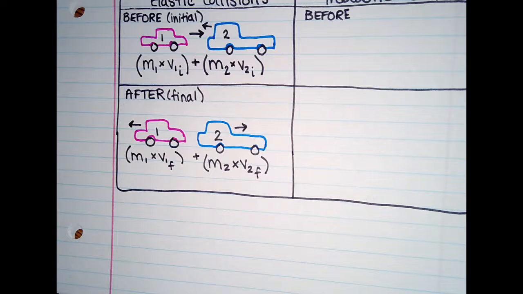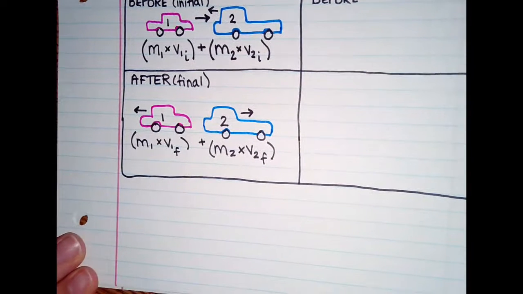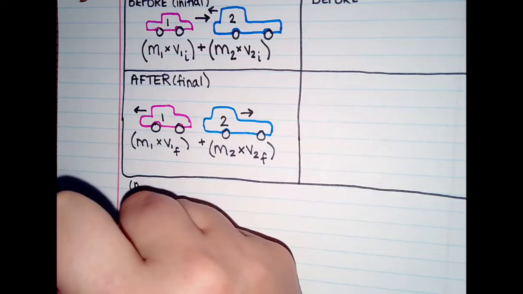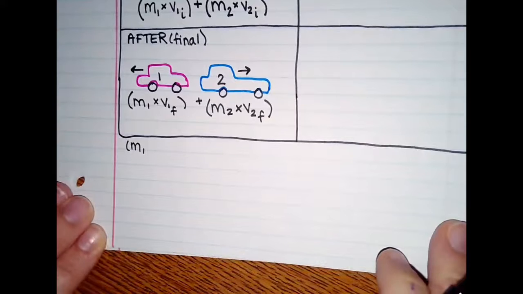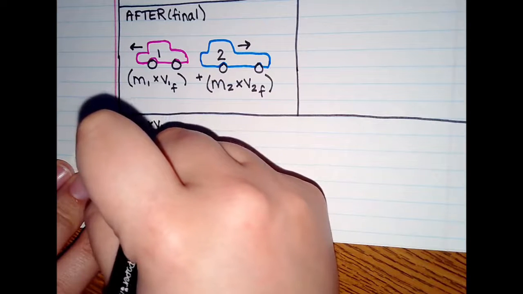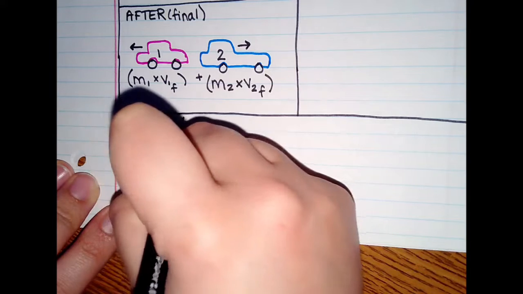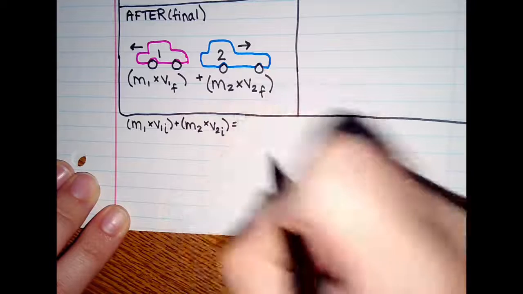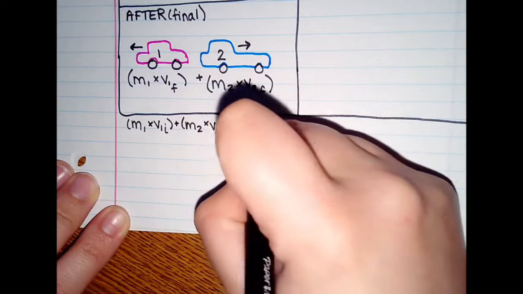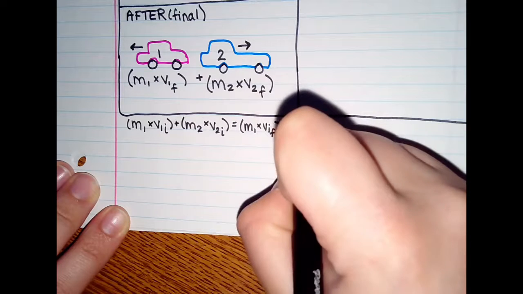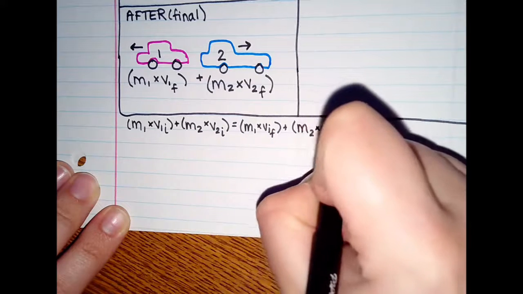So if I were to combine those, and that's why I'm trying to draw this and make it very clear, I get M1 times V1 initial plus M2 times V2 initial has to equal the final, M1 V1 final plus M2 V2 final.